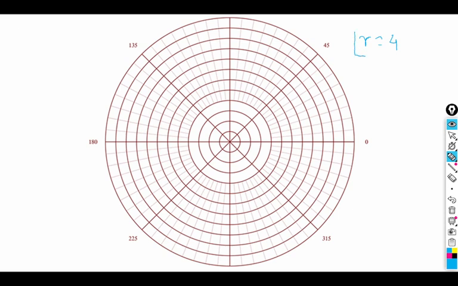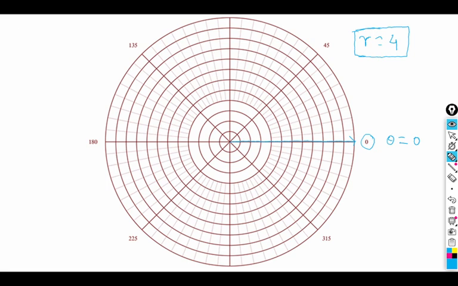When I want to plot this r equal to 4, remember r is independent of theta. Okay, so what we are given in the polar graph paper, this is another important thing you should remember. The first line, that is theta equal to 0 degree. This theta equal to 0 is known as the initial line. It is not considered like the x-axis.